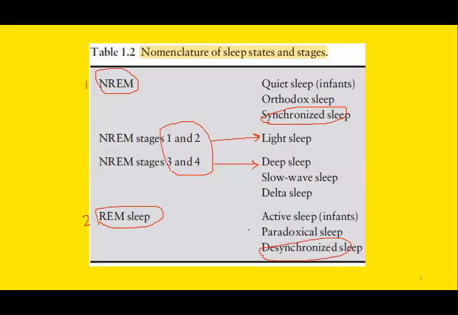The EEG pattern of a subject during REM sleep is almost similar to that of an awake person. That is why we can call it paradoxical sleep.